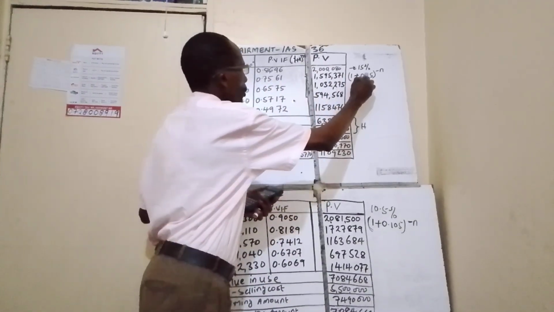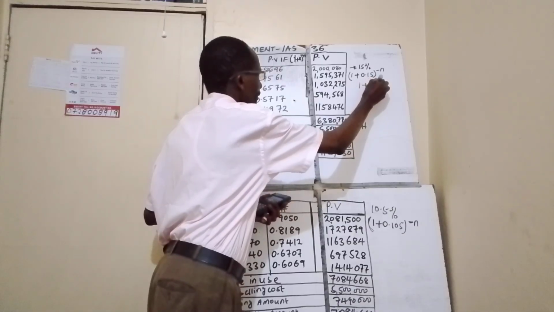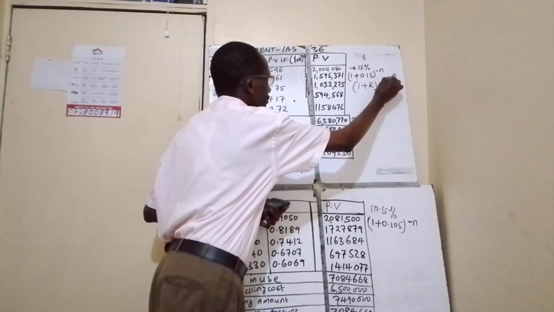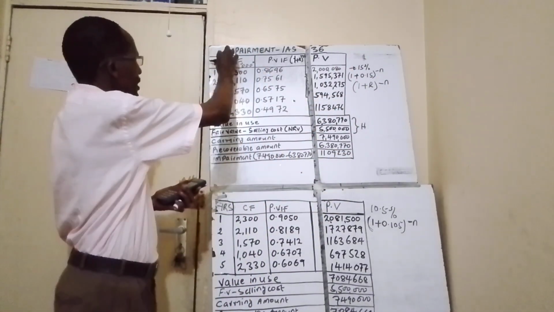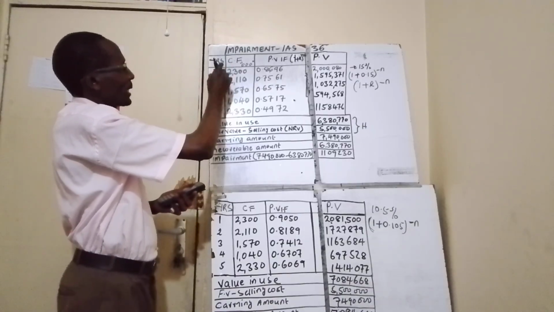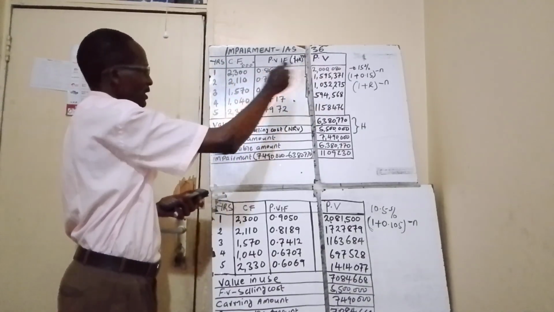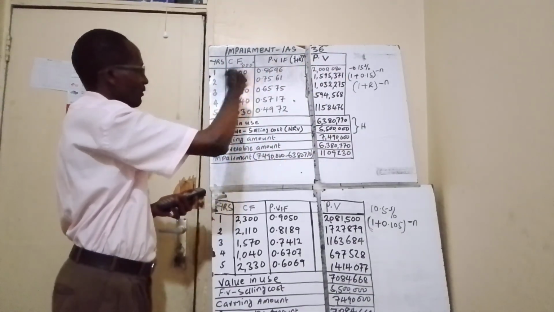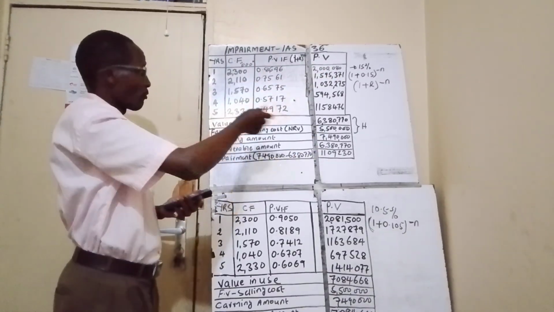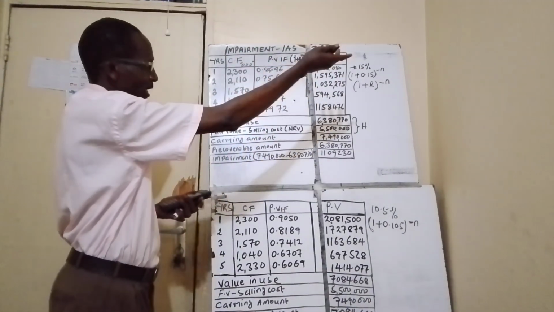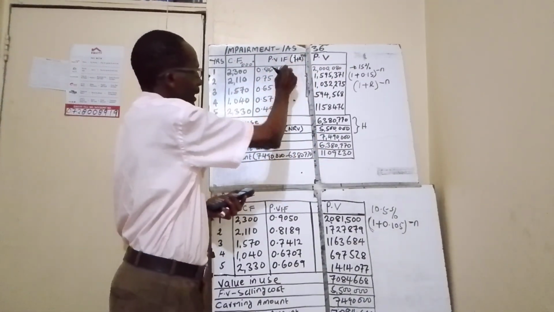Because you are saying 1 plus rate raised to negative n. Negative n is the number of years. For year 1, you raise by negative 1. For year 2, negative 2. Year 3, raised to negative 3. Year 4, raised by negative 4. Year 5, raised by negative 5. And then you get these numbers.